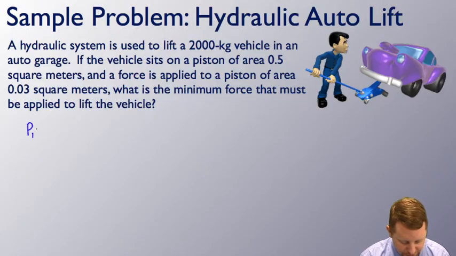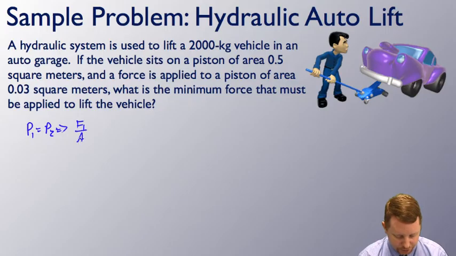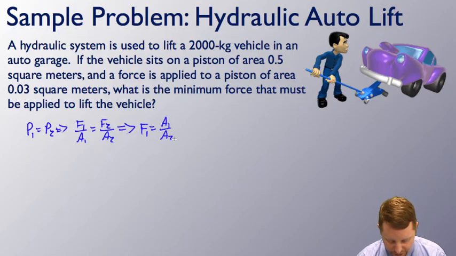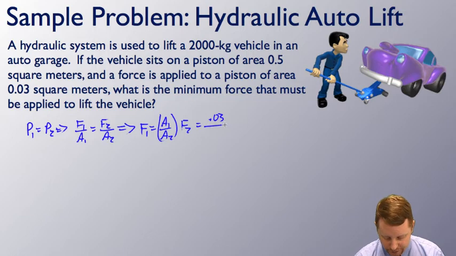Well, once again, in the hydraulic system, P1 equals P2. Therefore, F1 over A1 equals F2 over A2, which implies then that F1 equals A1 over A2 times F2, which will be 0.03 divided by 0.5 times F2.